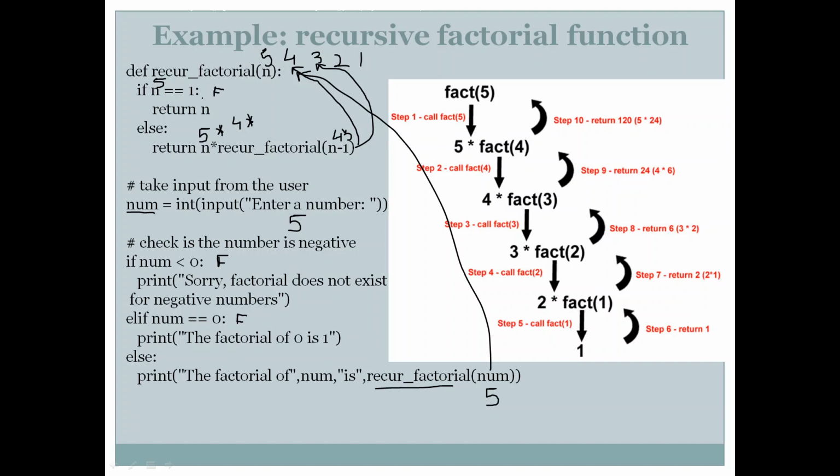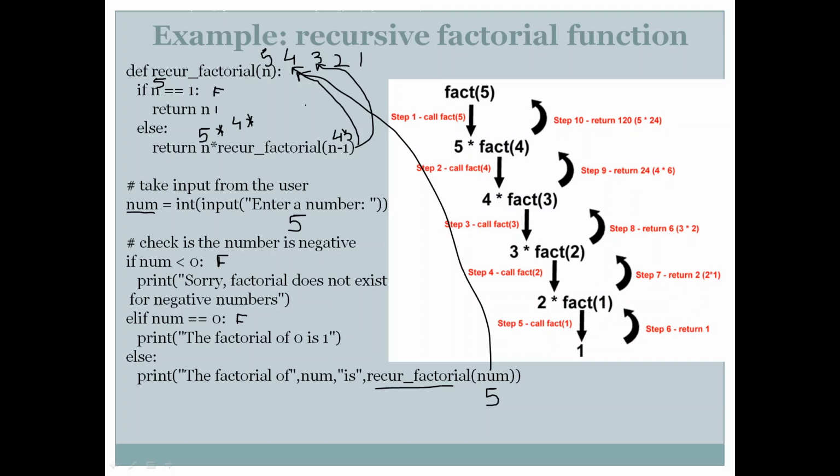If n is equal to 1, this will become true, and once this is true, it will return n. N is 1, so it will return value 1 to the last calling program, and the function works in a reverse way when it reaches the ending condition.